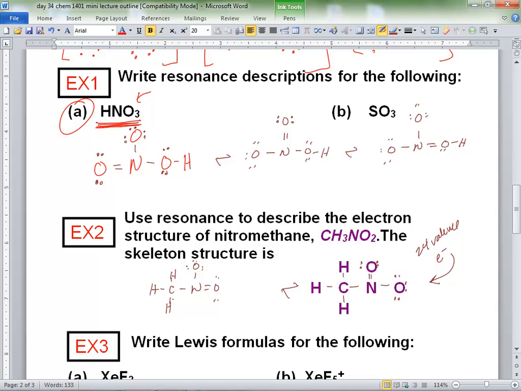Okay. Yep. And then there's one more structure, because you can move the double bond up here. Notice how you just can't move the double bond here, because then carbon would have 2, 4, 6, 8, 10. So that one would only have 2 guys. So this is only going to have 2 resonance structures. Yes. Right here, right? Yep. So just make sure that it's easy for you to see that there's 3 lone pairs, and then it's good.